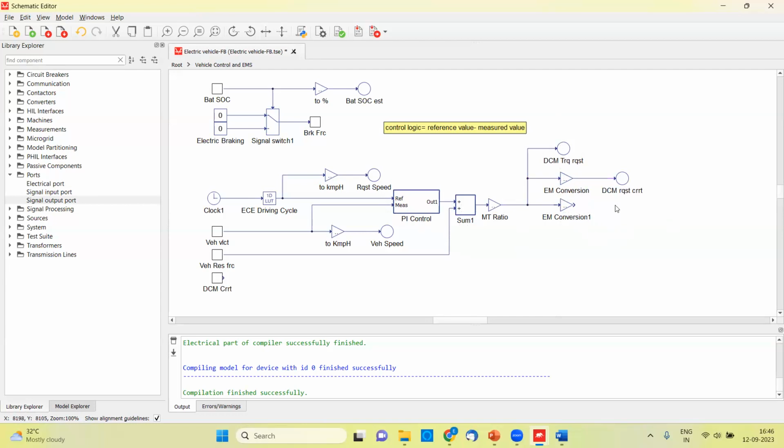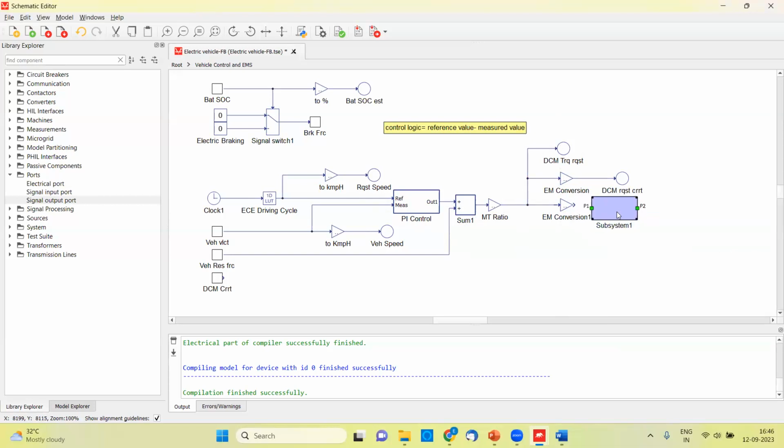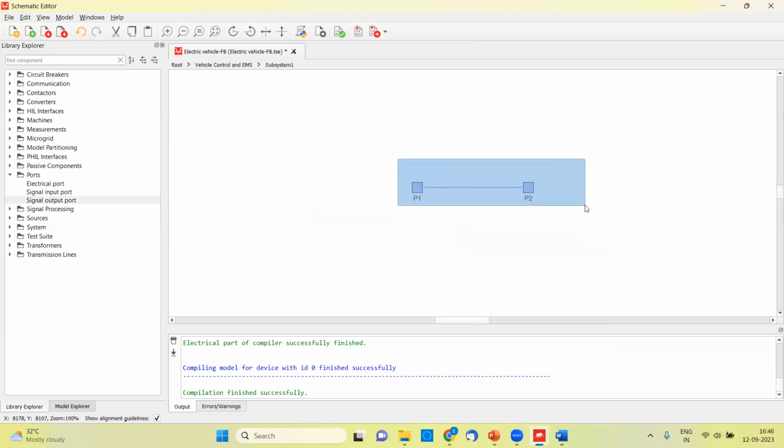So what I'm going to do, again, I will take one subsystem over here, because I'm going to do the same thing. The measured as well as reference will be compared using a PI control, and it will generate the output. Again, I'm deleting this part. I will take 2 inputs and 1 output port.